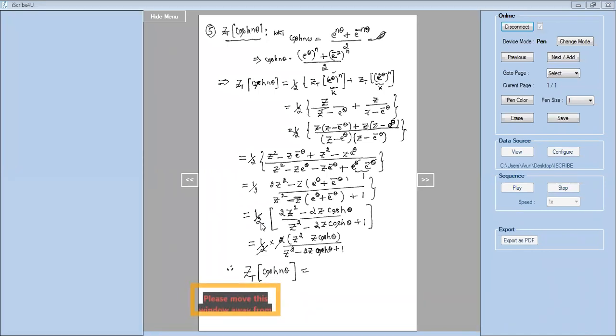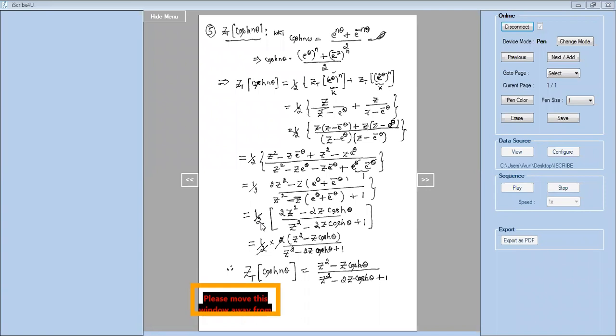equals z square minus z into cos h theta divided by denominator z square minus 2z cos h theta plus 1.